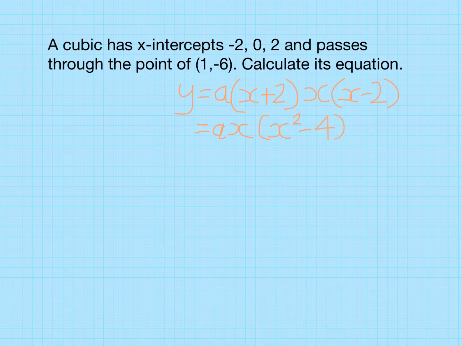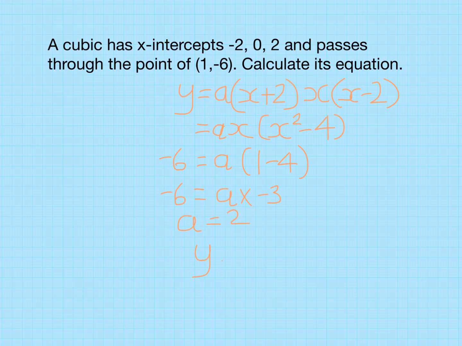So how are we going to find the value of a? We do that by substituting a point other than the x-intercepts. So we will substitute y for -6 and x for 1. So we just get a times 1 multiplied by 1 squared minus 4. So we get -6 equals a times -3, and that of course gives us a equals 2.